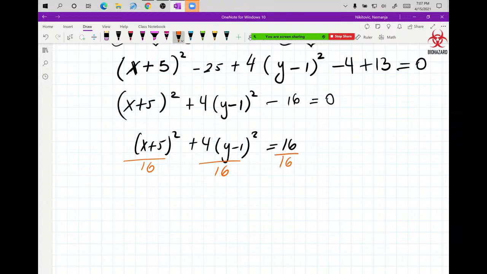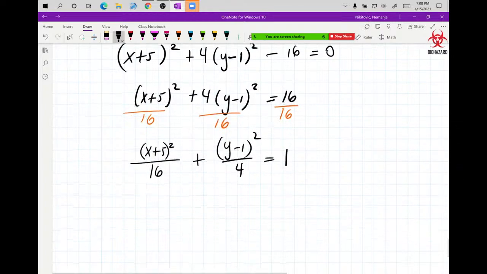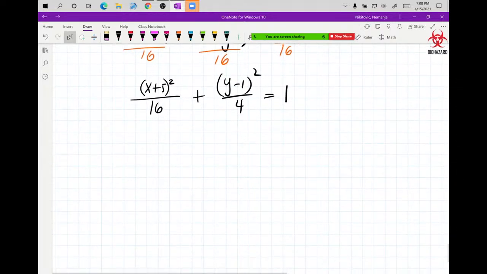So I have to divide by 16, and then we're going to see what we get. Well, x plus 5, everything squared, divided by, well, x plus 5. That 16 is going to survive. This one is going to cancel. And this one is 1. Cool. There we go. We can graph this quickly.